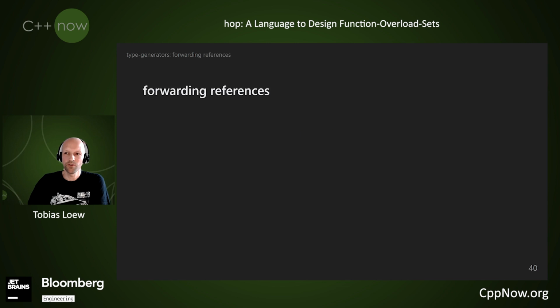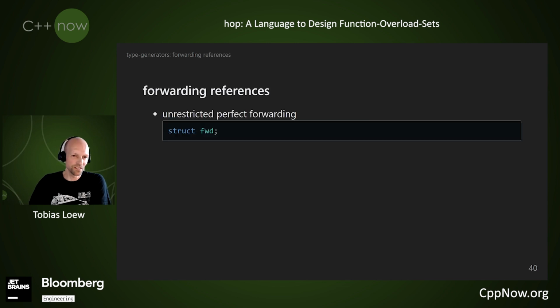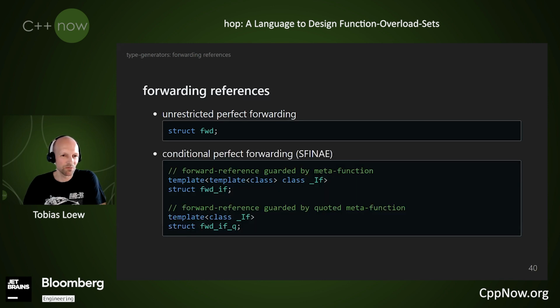So for forwarding reference, this is quite easy. You simply specify a type called forward FWD, and the library will do the rest for you. And we also have forwarding parameters with conditions. And there we have two styles.